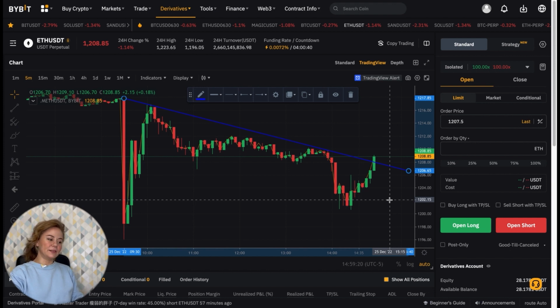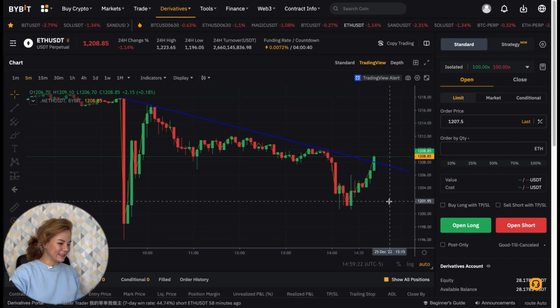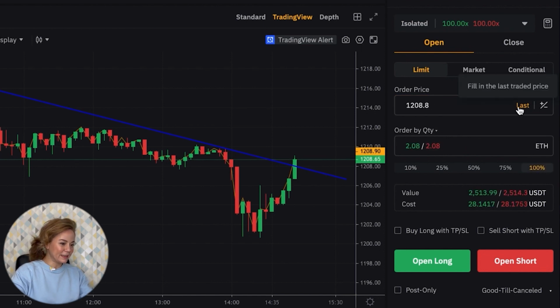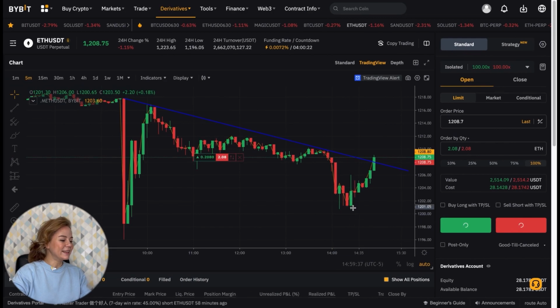That's a bit controversial. You can see that it has interesting medium part, and here in the end it seems like it's already going to be broken, and still we can try and set our limit to try and go short.